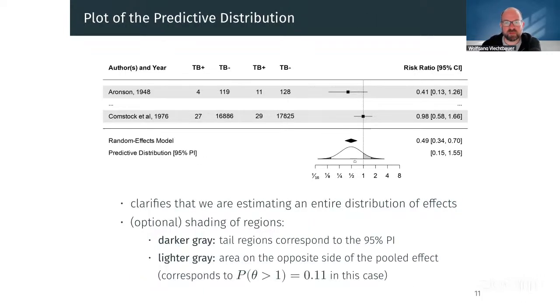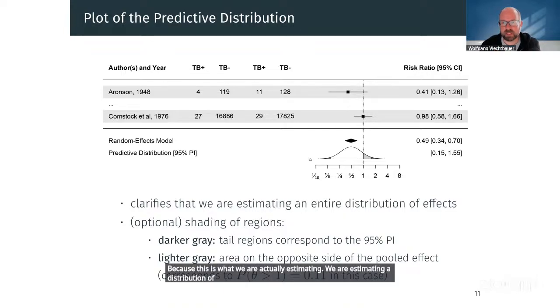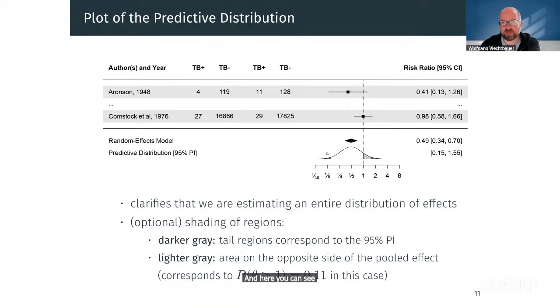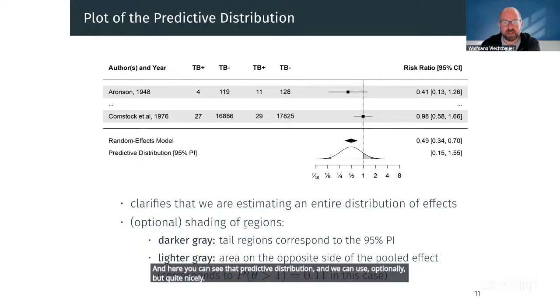So my proposal is to actually show the entire predictive distribution, because this is what we are actually estimating. We are estimating a distribution of true effects. And here you can see that predictive distribution, and we can use optionally, but quite nicely, shading to indicate certain regions of interest.